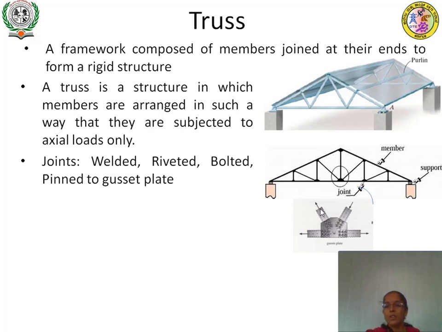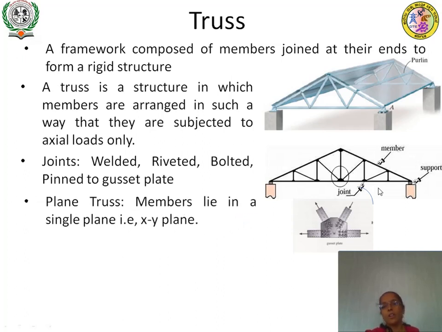You can observe these members are joined using a gusset plate, over which they may be bolted, pinned, riveted or welded. This plate is called a gusset plate. That is how the members of a truss are joined.